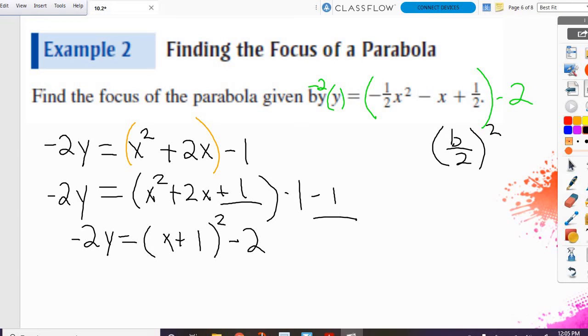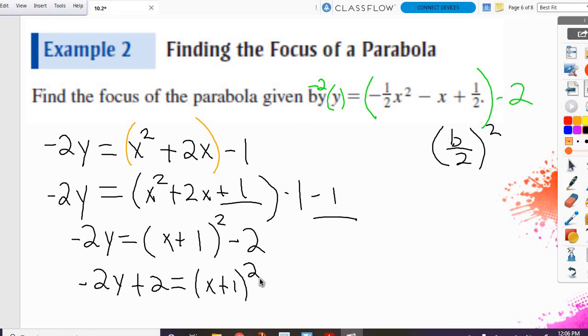So what am I going to do? We just want to move the negative 2 over. So what do we need to do? Add 2. So then we're almost there. Remember also that it's supposed to be some number, which is going to be our 4p, times parentheses y minus k.